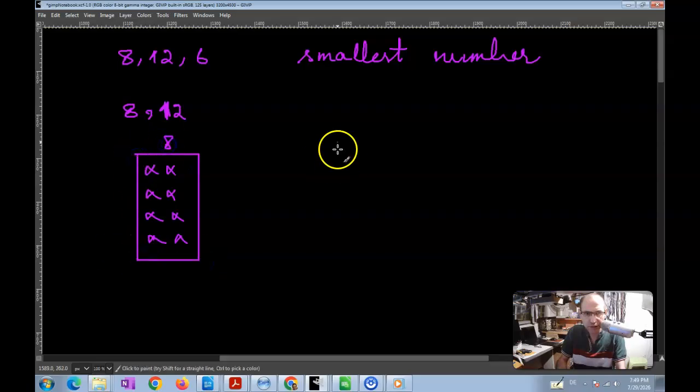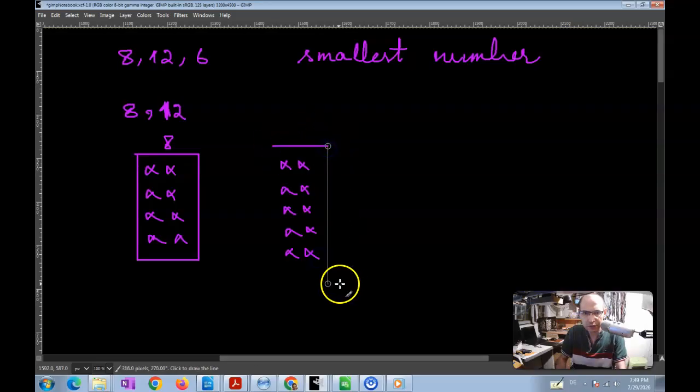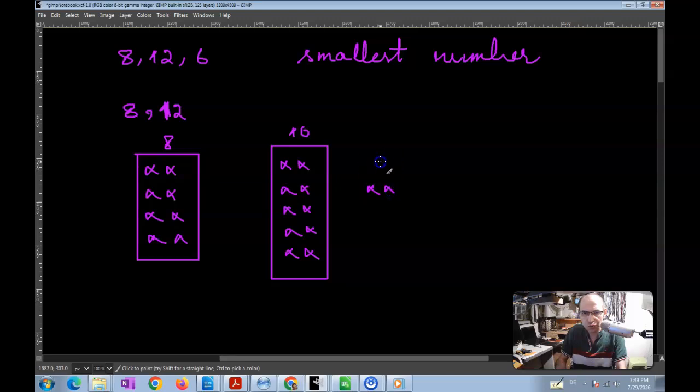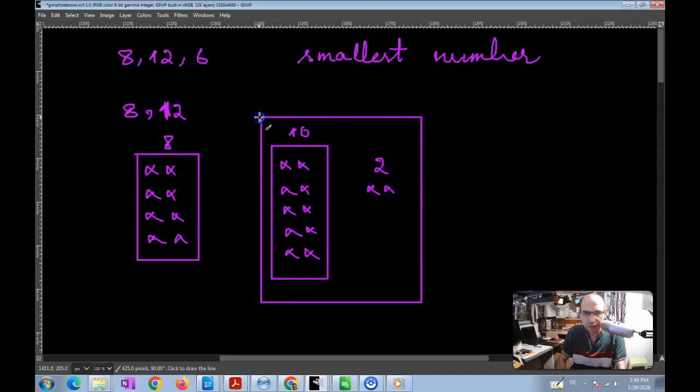This is an 8. A 12 would be 2, 4, 6, 8, and 10, so I have a 10 over here and a 2. These two, when I put them together, that becomes a 10, and a 2 would be a 12, right?